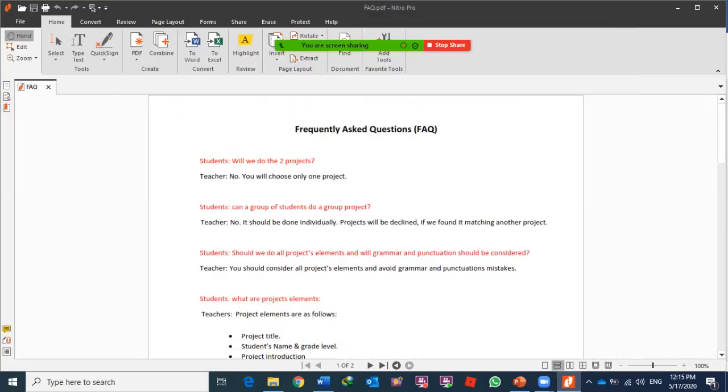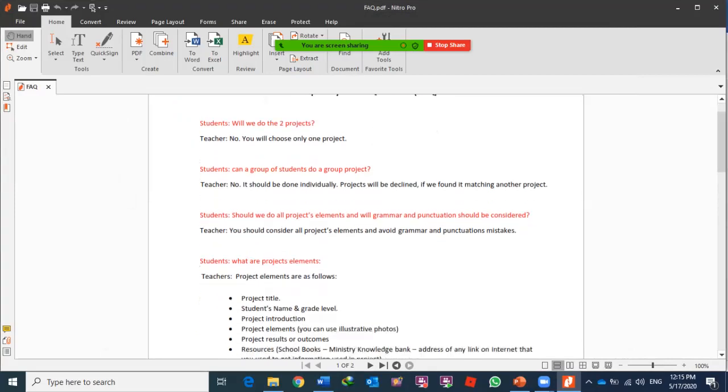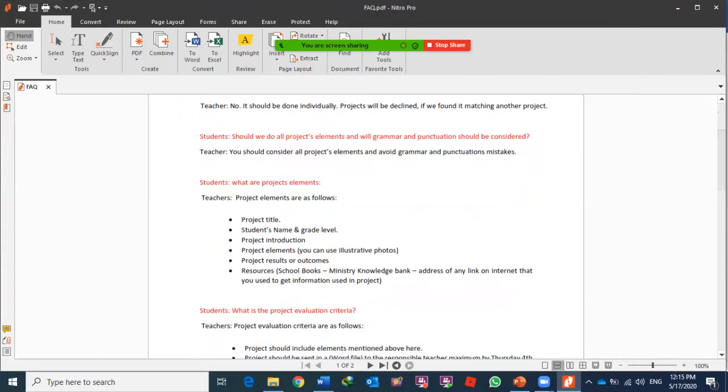Number two, can we do it in a group? No, of course, it's individual research. Should we do all project elements, and should grammar and punctuation be considered? You should consider all project elements and avoid grammar and punctuation mistakes.